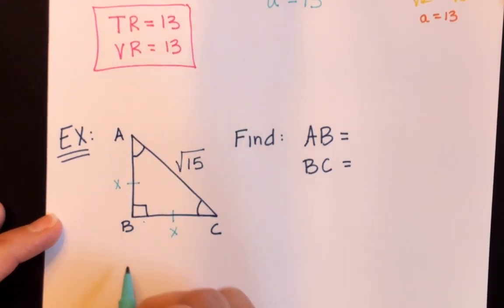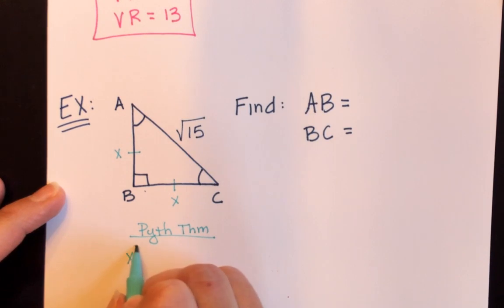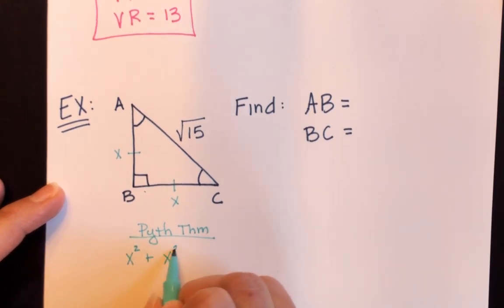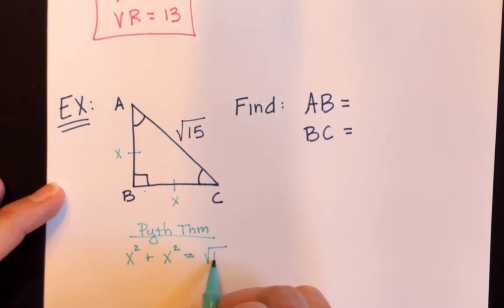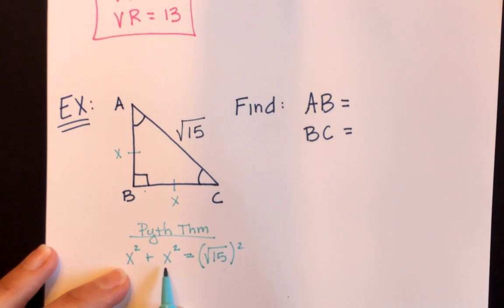So if I chose to do this by the Pythagorean theorem, I could say that this is x squared plus x squared equals radical 15 squared. 2 of our x squares make this 2x squared.